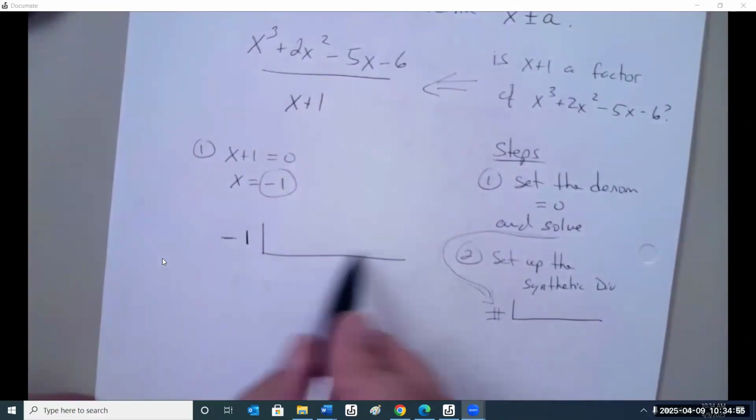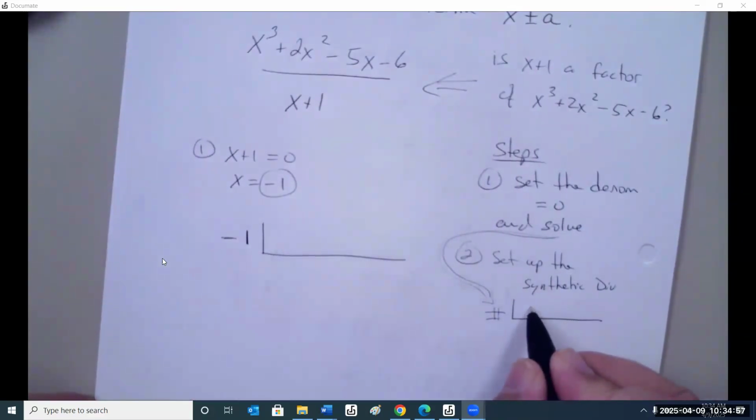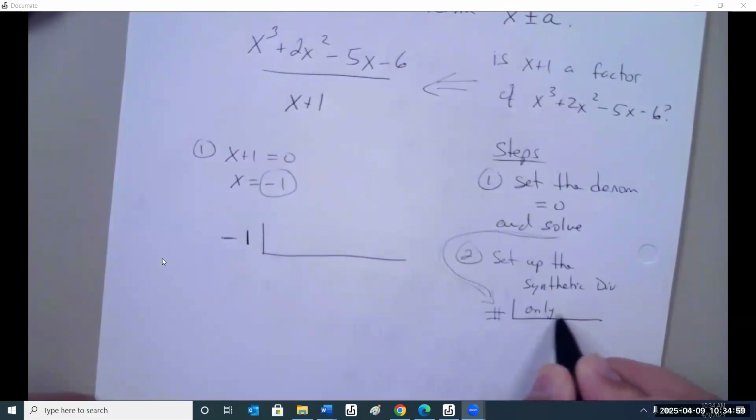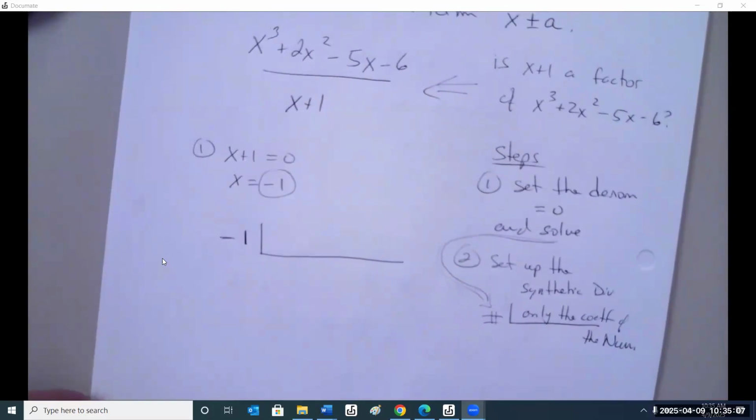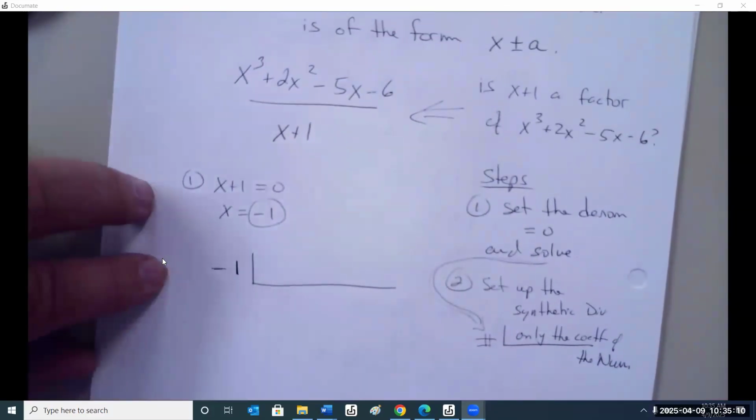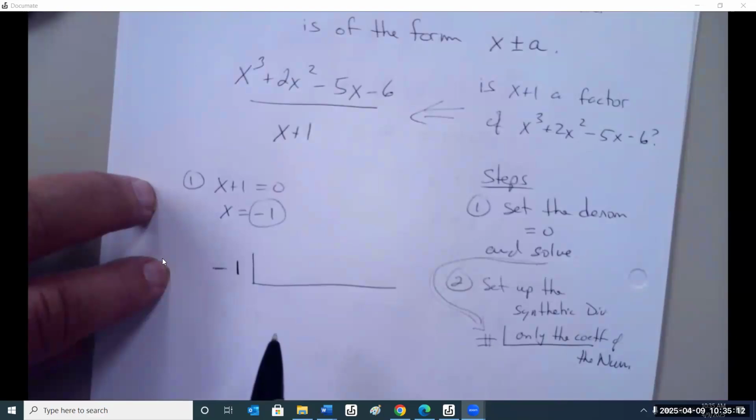Now, inside here, only the coefficients of the numerator. And you have to make sure that you allocate each column.